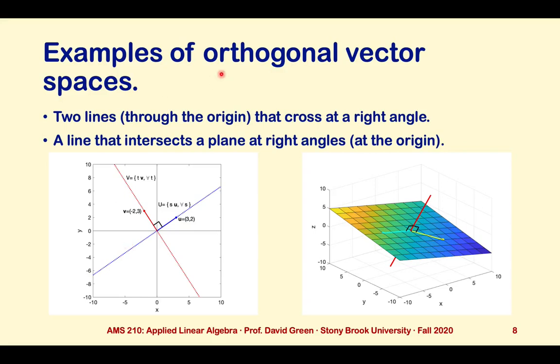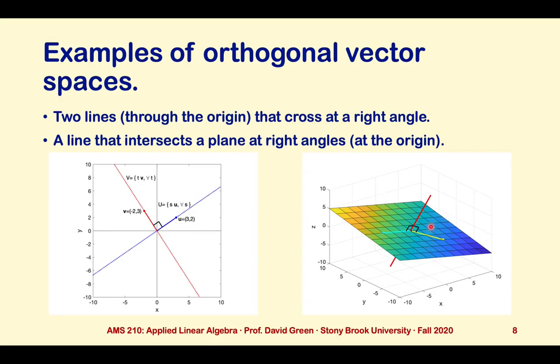Let's move up to a 3-dimensional case. Another example of orthogonal vector spaces is a line that intersects a plane at right angles, at the origin, of course. So a line passing through the origin is a vector space, a subspace of R3. A plane passing through the origin is also a vector space in 3D.